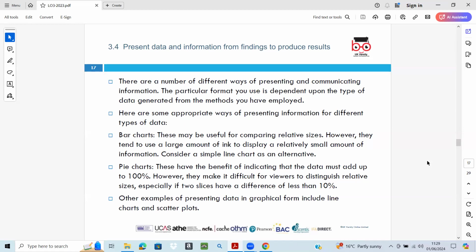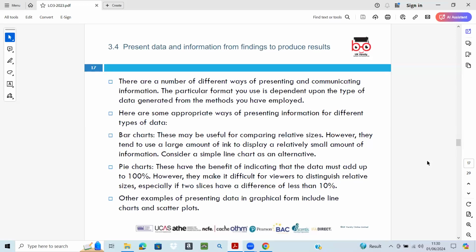We have bar charts, pie charts, and other examples. So the first one is the bar chart. These are useful for comparing relative sizes, showing categorical data, and visualizing comparisons between different groups or categories.